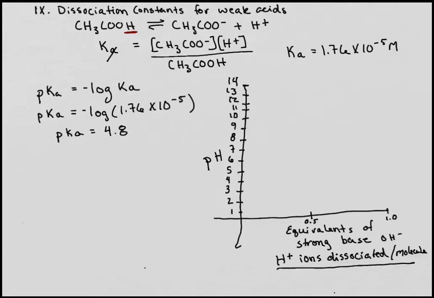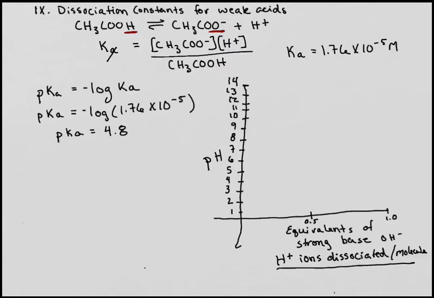However, the more and more basic it becomes, the more that acid is going to give up its acidic proton. So at a pH of 14, it will have completely given up that acidic proton, and the predominant species in existence will be the conjugate base.